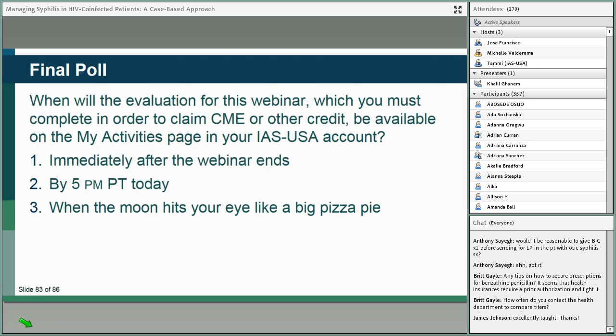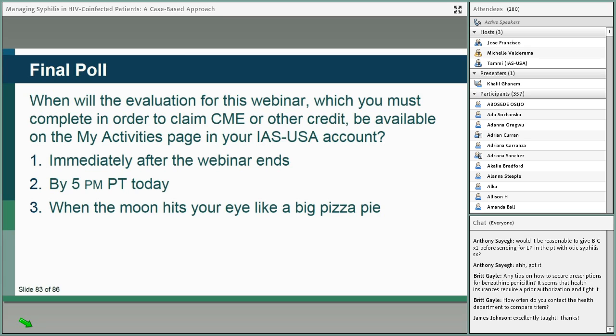So please keep in mind that I've had a lot of people tell me, listen, Dr. Ghanem, I want to send the patient to the emergency room, I'm not sure if they're going to go, so I give them this dose of benzathine penicillin. Is it going to affect their CSF results? And the answer is, in the relatively short term, in the next 3 to 7 days, it's probably not going to affect the CSF findings much.